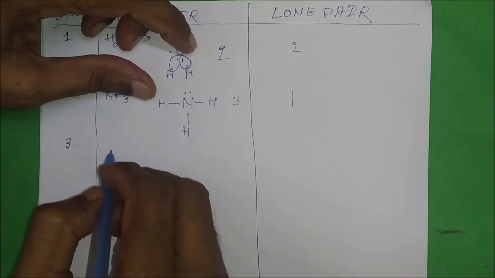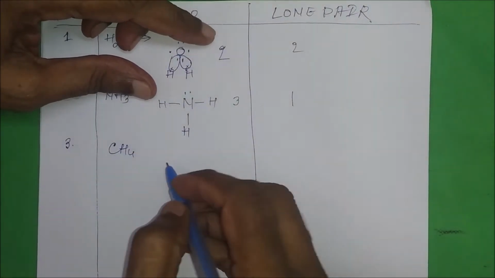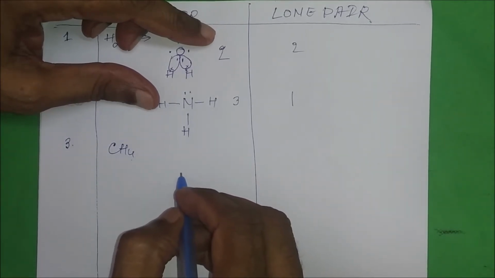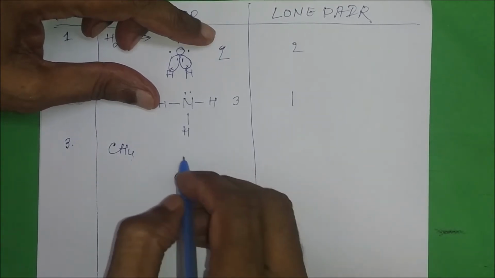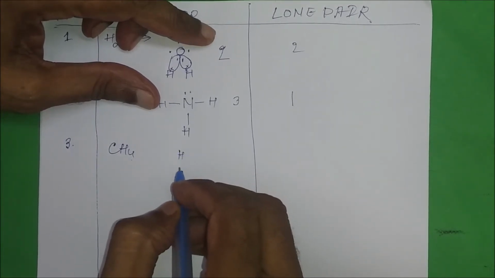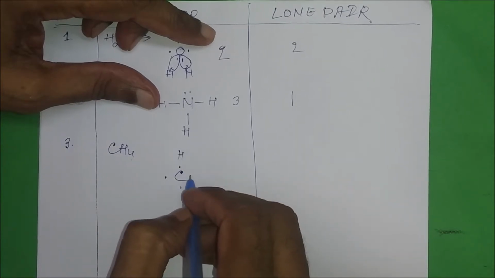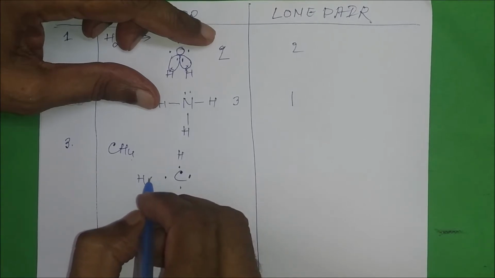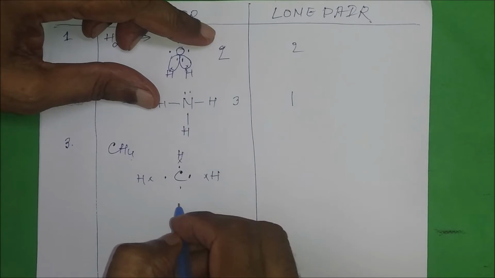Similarly, number 3, suppose CH4. In this, you see, there are 4 hydrogens. So carbon is here, and carbon has 4 electrons, 1, 2, 3, 4. 1 hydrogen you could put here, 1 hydrogen here, 1 hydrogen here, and 1 hydrogen here.